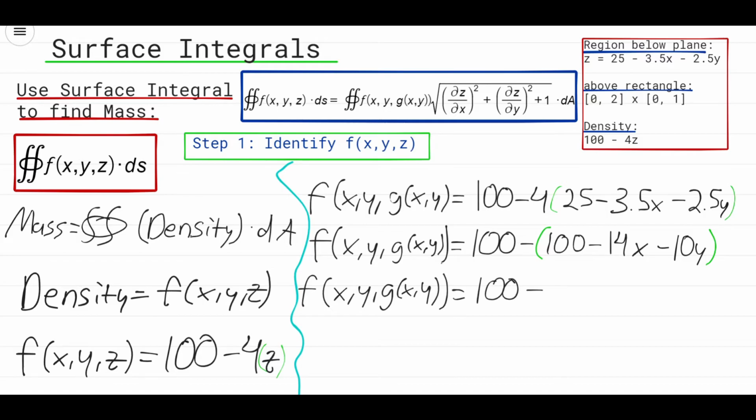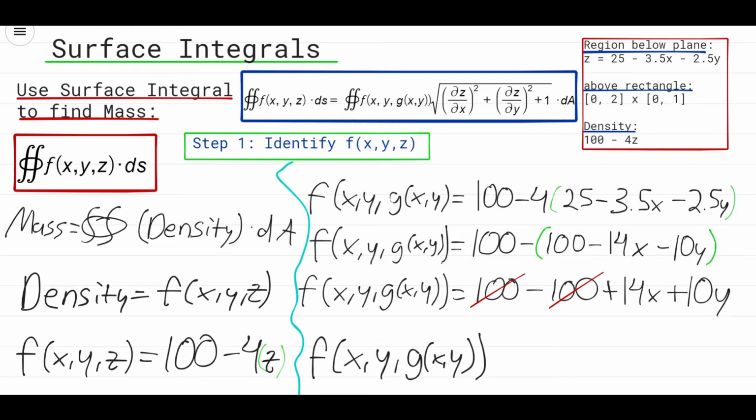So 100 minus 100 minus negative 14 would be positive 14x, minus negative 10y would be plus 10y. And notice how the hundreds can cancel each other out. So our f of x of g of x, y is equal to positive 14x plus 10y.